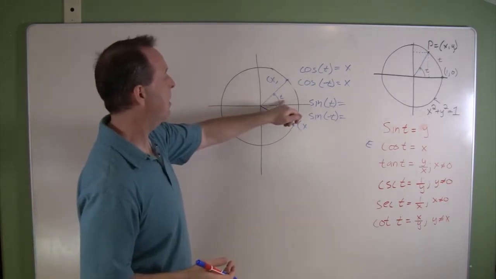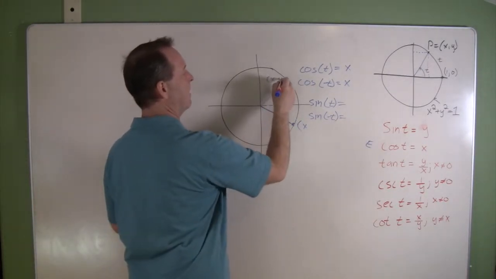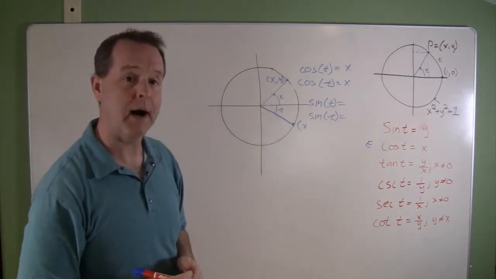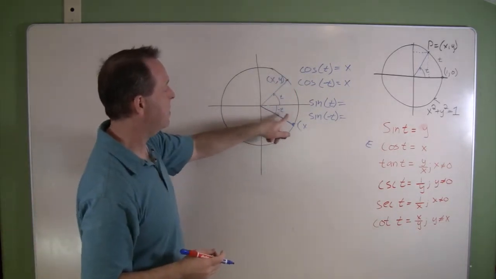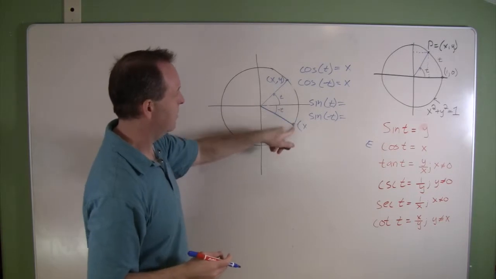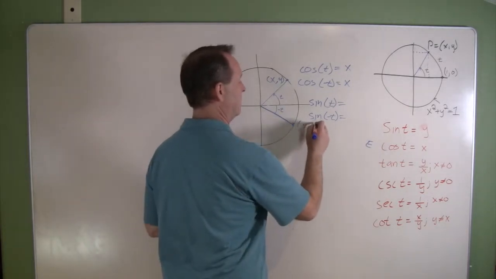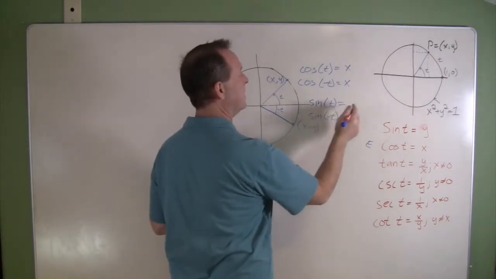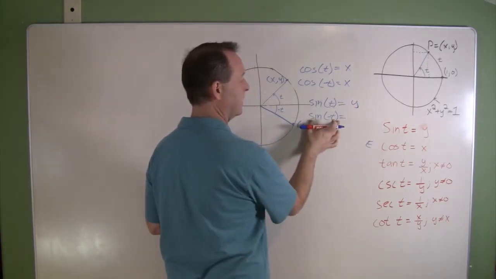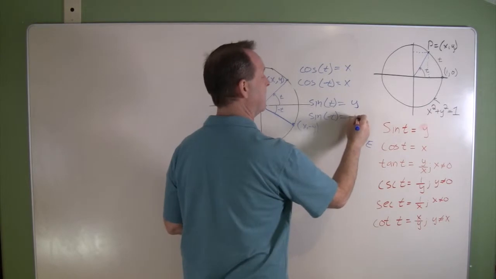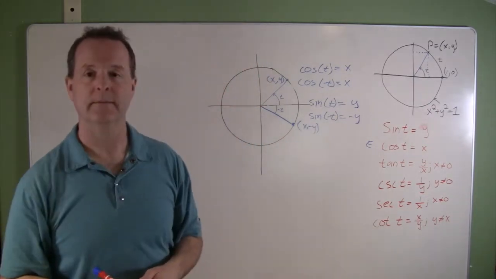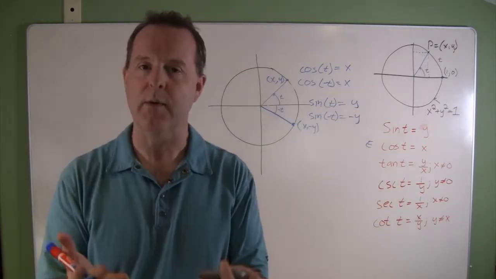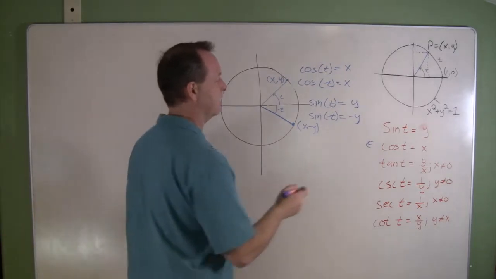So the sine of positive t had a positive y value or a positive height, and for negative t over here, we go over x and we go down y. So we get a negative y. So the sine of positive t is a positive y. The sine of negative t is a negative y. So when that happens, we would call that an odd function.